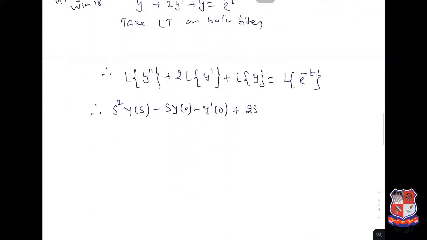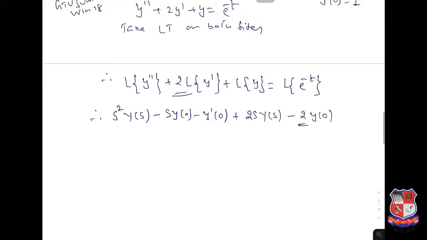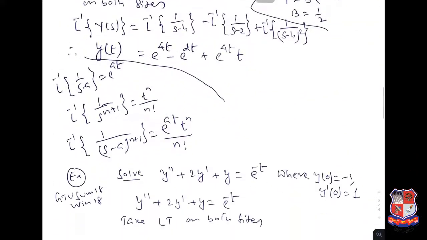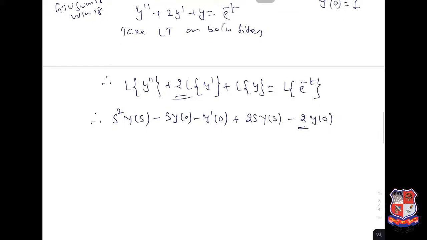So, s Ys minus y at 0, but that 2 is there. So, 2 y at 0. So, that 2 you should write. So, this is s Ys minus y at 0 plus Laplace transformation of y is Ys, and Laplace transformation of e power minus t is 1 upon s plus 1.